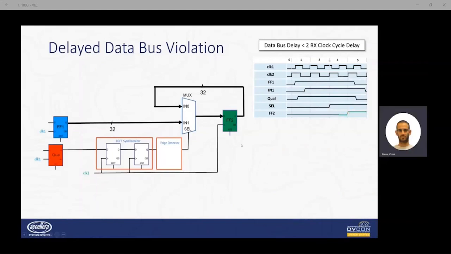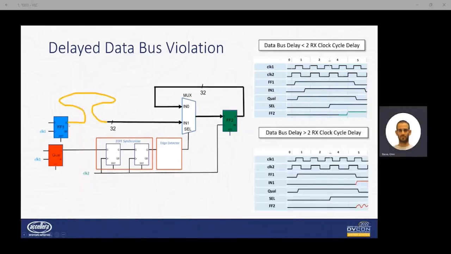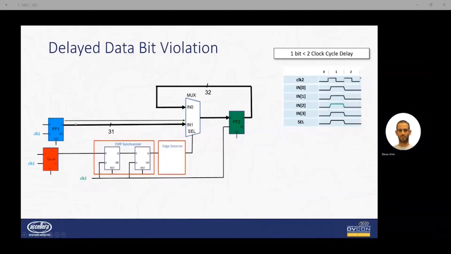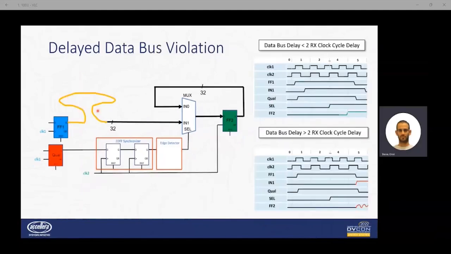But let's assume that it takes the data some more extra time to arrive. You can see here that we set some longer path to the data bits. Then when the qualifier arrives, select, the data hasn't arrived yet. So we might sample a different data than what we intended to, or if we do sample at the time that the data is changing, we might sample some metastable data.